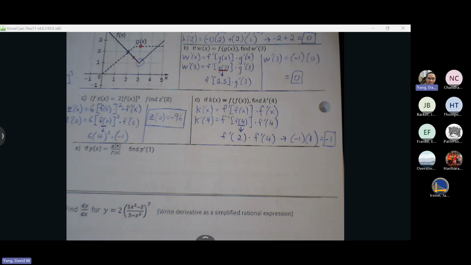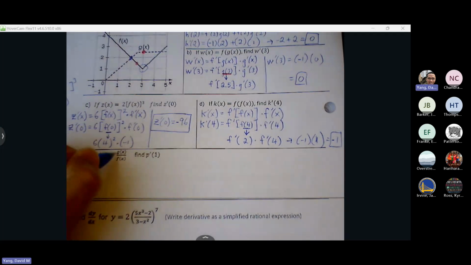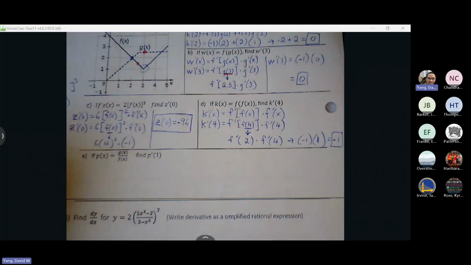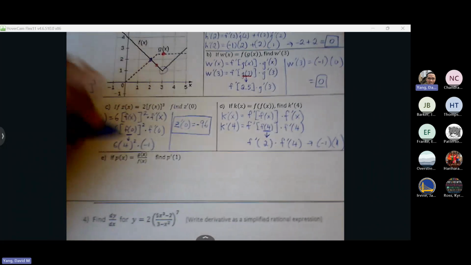Part E, p of x equals g of x over f of x. Quotient rule, right? Now these are opposite here, so we just have to be careful that when we say f prime g minus f g prime, that it may be a little bit opposite here.